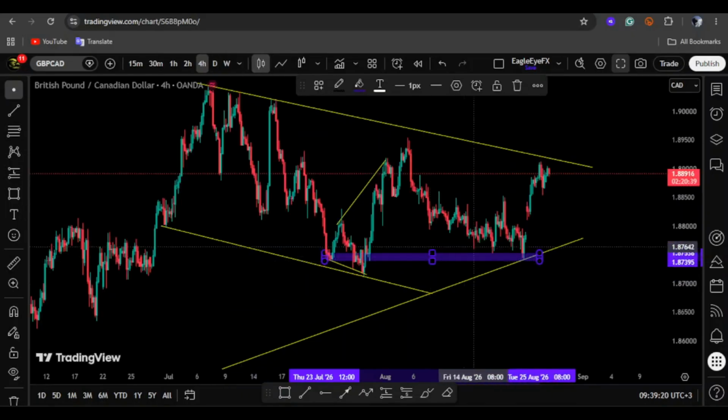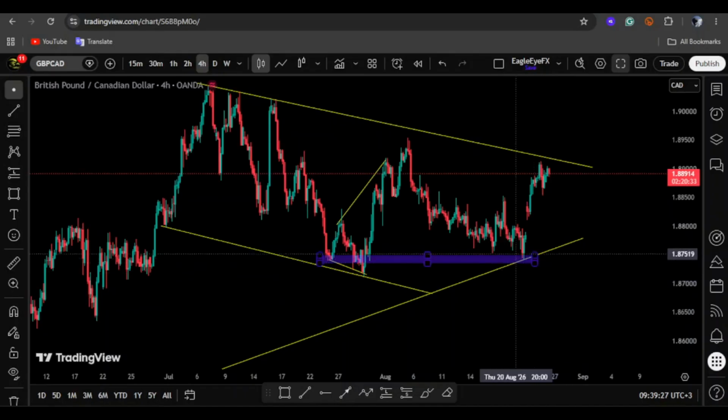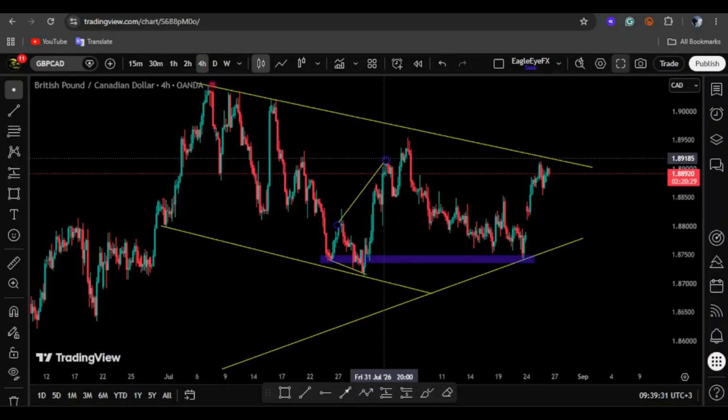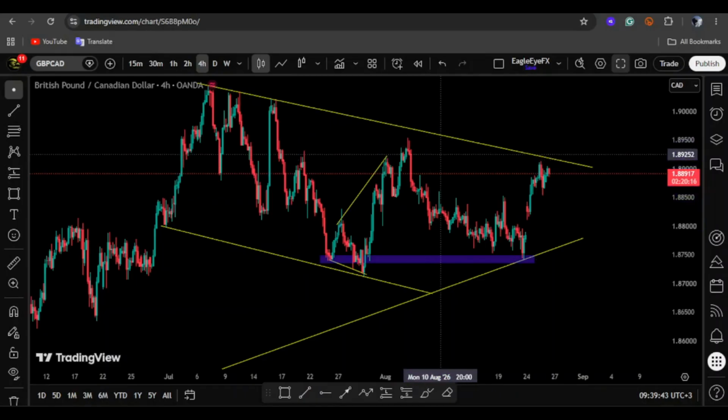Then once it comes back to this level, we'll be interested in finding our entry. Then once we get our entry, we just move to the upside. We just buy this, and you can see it actually happened on a Friday, Friday 21st August. So definitely we were looking forward to trading this on a Monday.